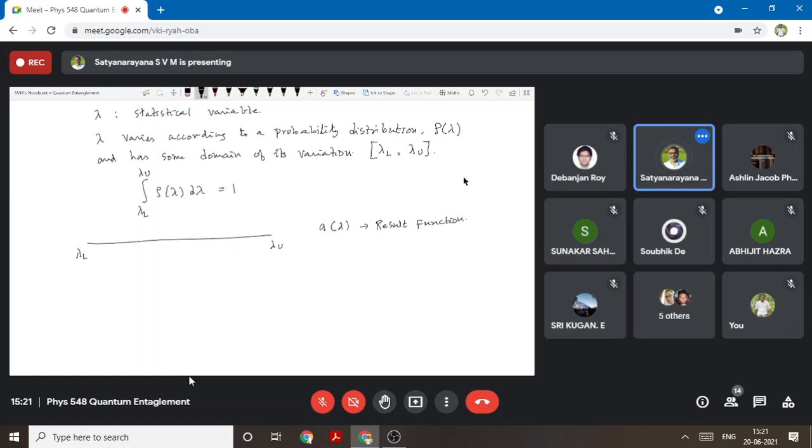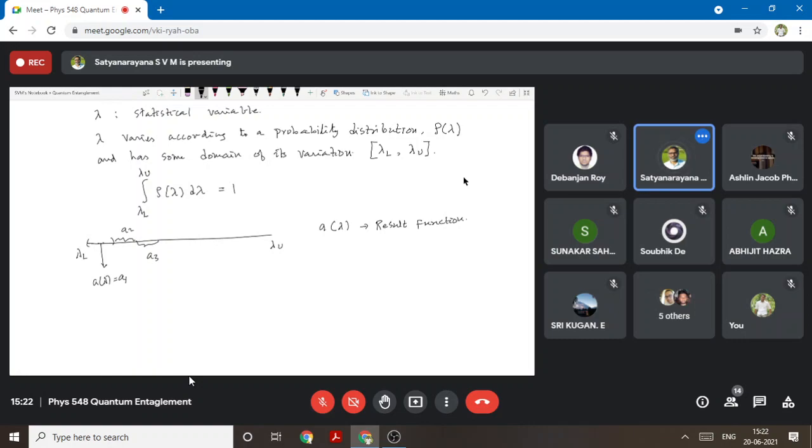Now suppose I have this particular range of hidden variables; then in this case your a of lambda can become a1. In this region, for example, maybe it will be a2. In this region, maybe it is a3.